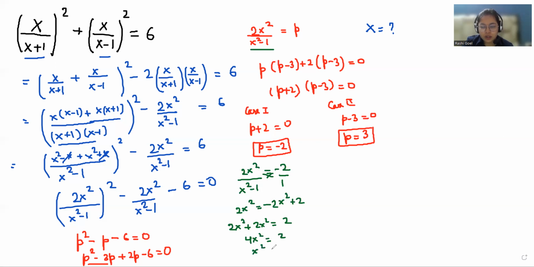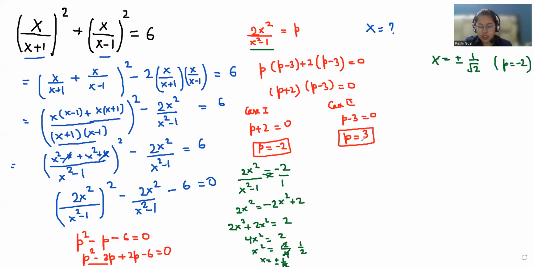So x² = 2/4, that is 1/2. So the value of x is ±1/√2. So I'll write the value here: x = ±1/√2 for p = −2.